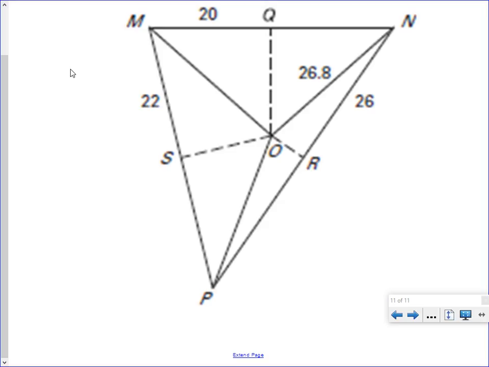There's enough information on this that we can figure out every single segment that's on there. Dotted lines, solid lines, every segment in this diagram, we should be able to solve for. So take a second and draw that out, and I'll explain what happens.